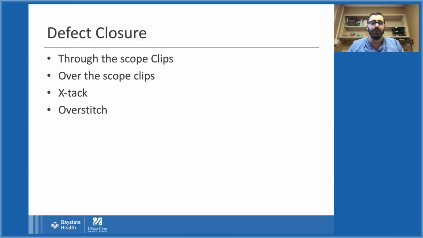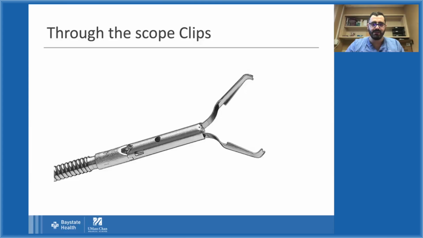So we do have several tools to close at Baystate. I'm going to start with those nice small clips. We call them through the scope clips. Those we can insert through the scope and we close. They don't close very well.